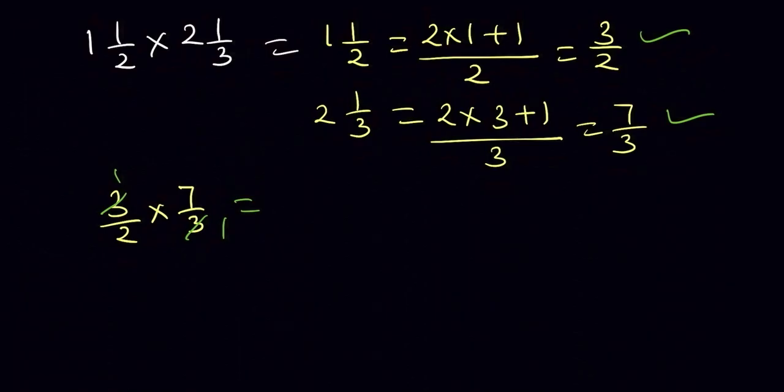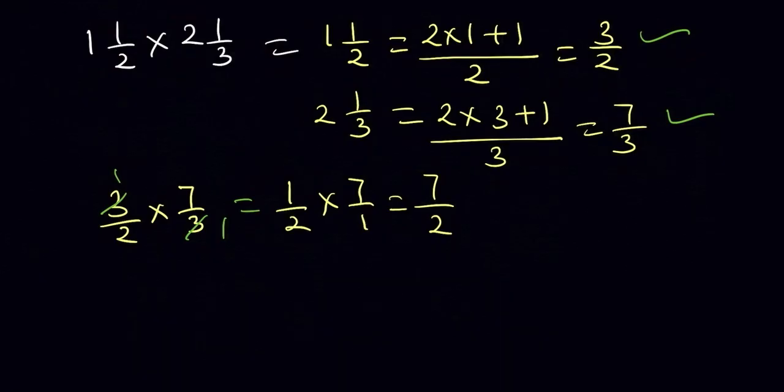So it becomes 1 by 2 into 7 by 1. It will be 7 over 2.